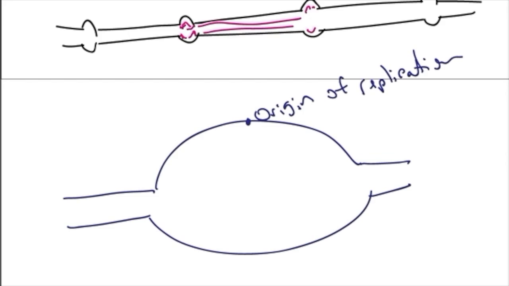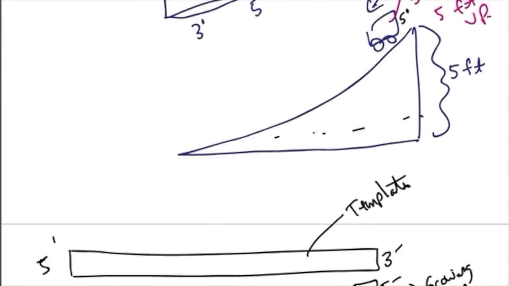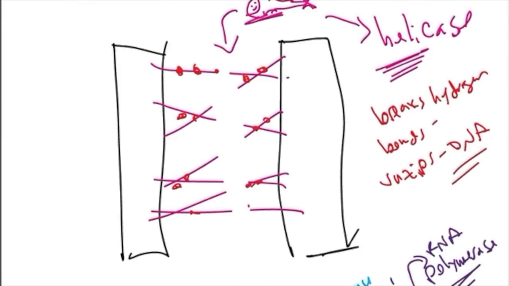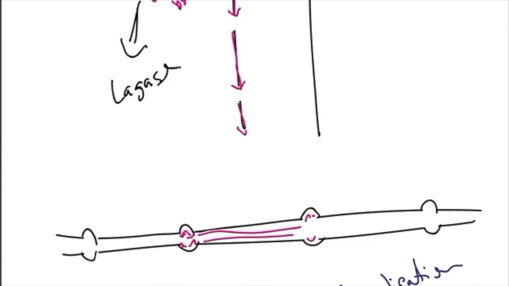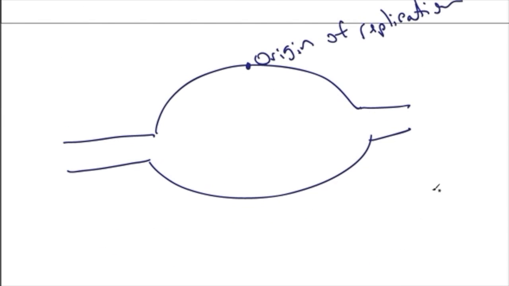If you think about it, the origin of replication is where it starts. I just didn't draw the other piece of the bubble over here. There's a whole bubble going on over here. You're only seeing one side of it. So that's the origin of replication.